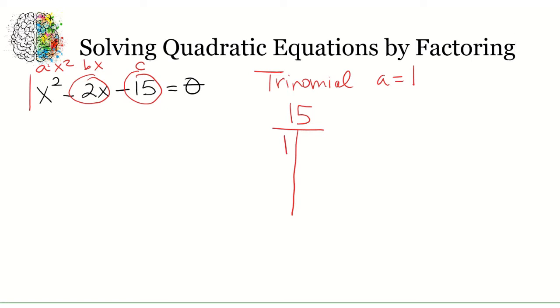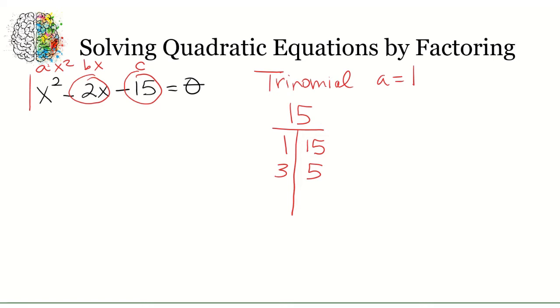So I have 1 and 15, that will give me 15, and 3 and 5. And I notice I've got a negative here, so one of these is going to be positive and one of them is going to be negative in order to get those signs.